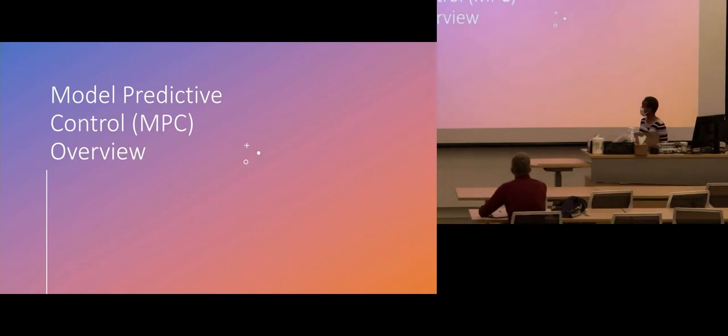Cool. So what is model predictive control? Has anyone heard about model predictive control? I see shakes. I see Bruce raising his hand. All right. Does anyone want to take a guess as to what this is? Big hint, predictive. Yes, go ahead.